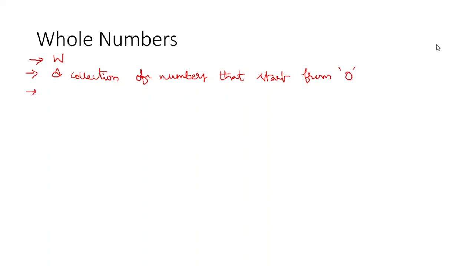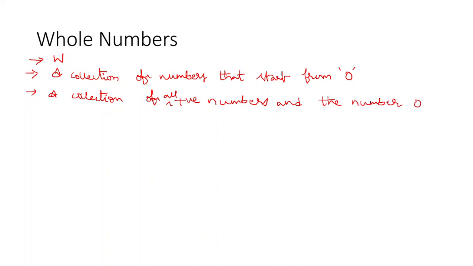Otherwise, we can also say it is a collection of all positive numbers and the number 0. So the whole number set can be represented as 0, 1, 2, 3, 4, 5, 6 and so on to infinity.